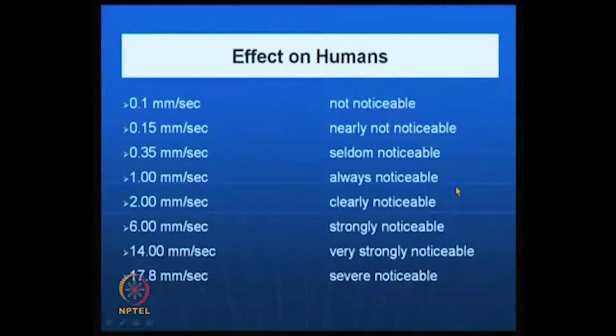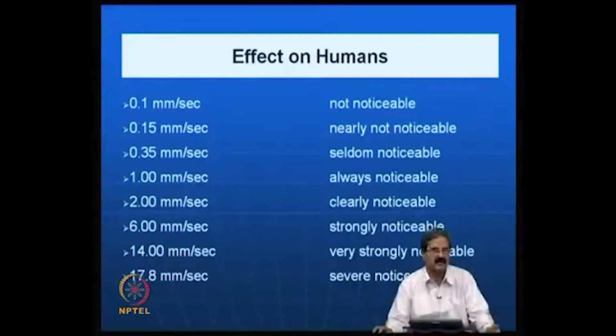There is also the effect of these vibrations on humans, as you do not like to tolerate these vibrations. Even when the earthquake came, nobody must have slept in Delhi or somewhere, right.